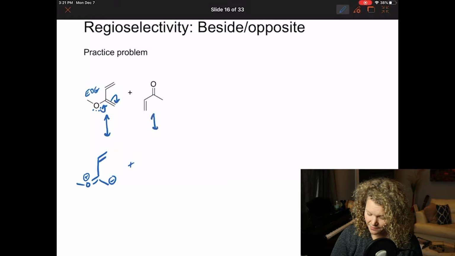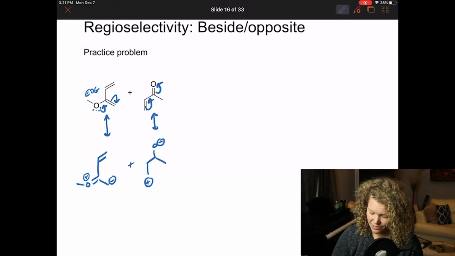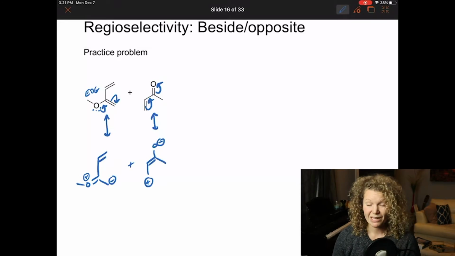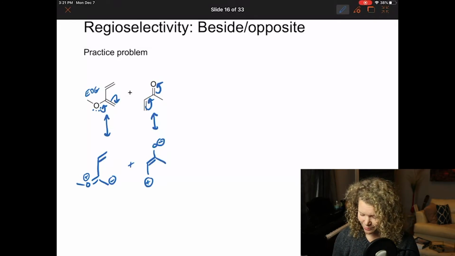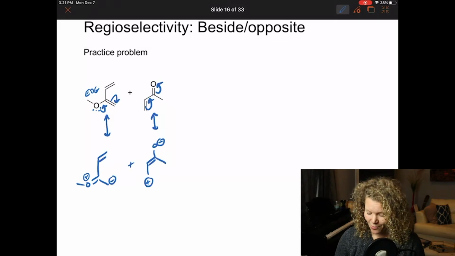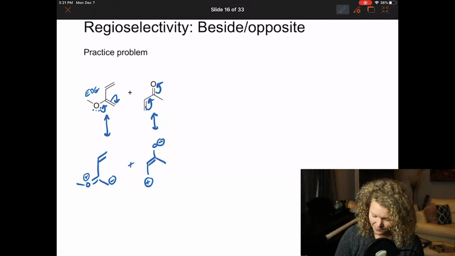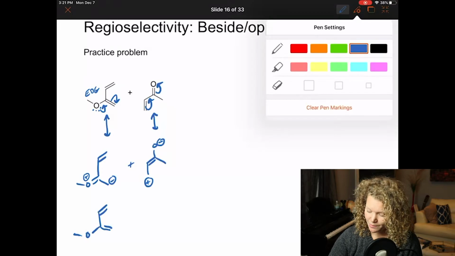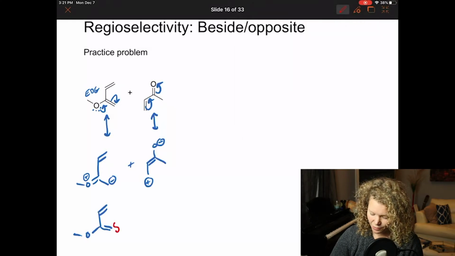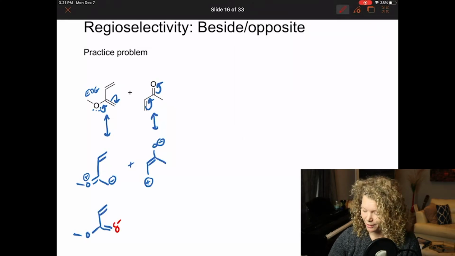Let's do the same for our dienophile. We could draw this resonance structure, essentially an enolate resonance structure, right? This is essentially showing us that this structure of the diene has a partial negative charge on this end carbon.